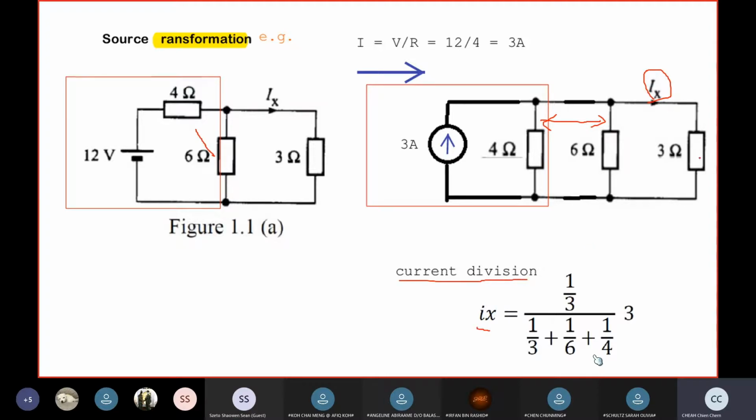The current flowing through the 3 ohm resistor, Ix, is a portion of 3 amperes, according to the ratio of the conductance: 1/3 divided by the total conductance, 1/3 plus 1/6 plus 1/4. By this, you can see that you get the same answer for Ix.